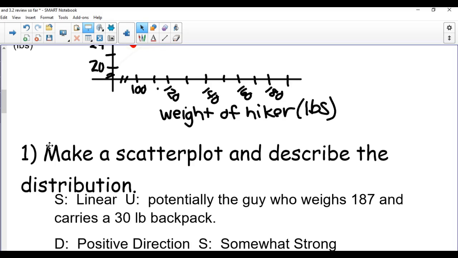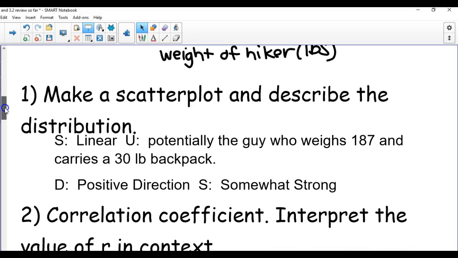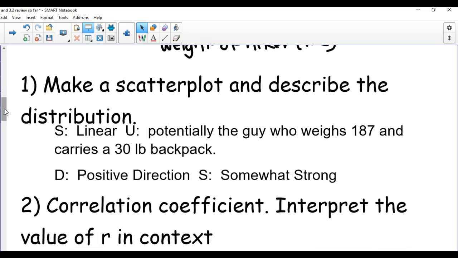Now, in order to really describe this better with the direction and the strength, we can use the correlation. And the correlation coefficient is one thing that you'll be asked, and it will say, find the correlation coefficient and interpret the value of R in context. So I want you to do that right now using your calculator. If you don't know how to find it in your calculator, you do this. Hit Stat, arrow over to Calc.